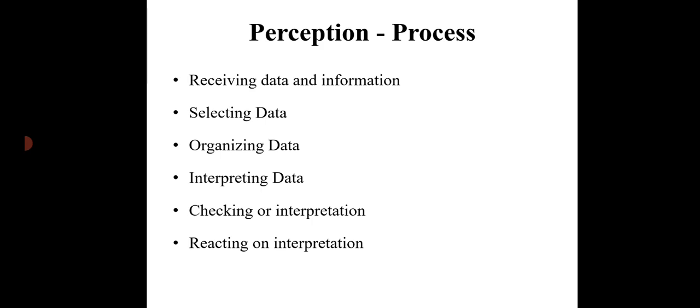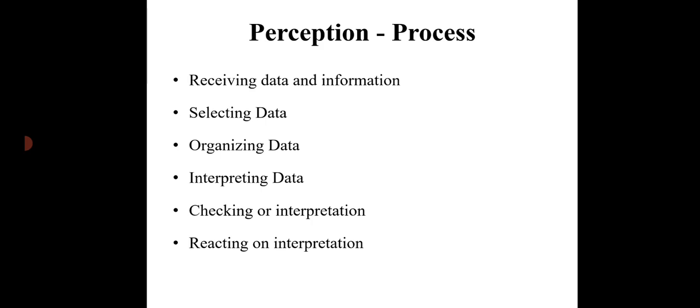In simple language, whenever a perceiver comes across any kind of situation, you start receiving data and information about that particular event, and your sensory organs, seeing, hearing, smelling, touching, and tasting, play a very important role in receiving the objects.